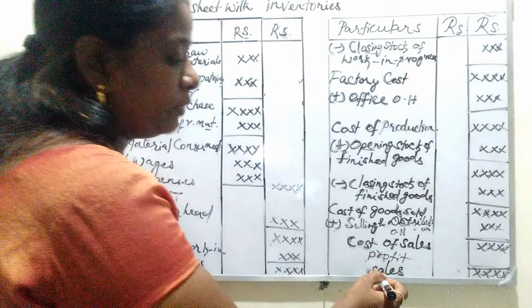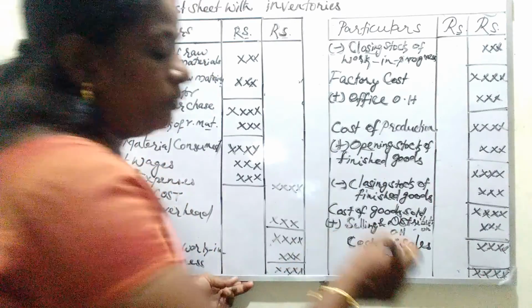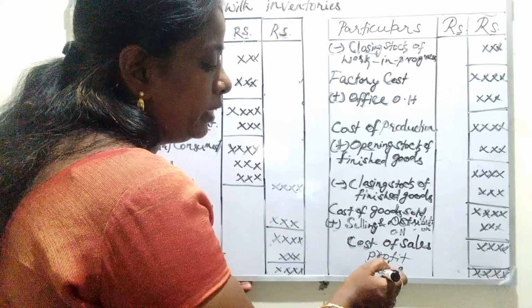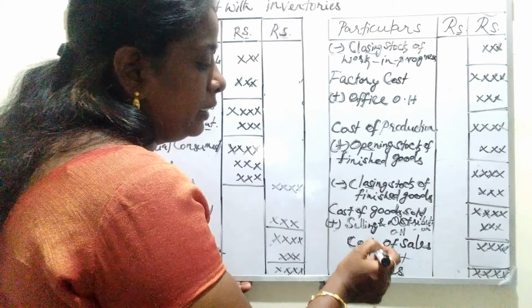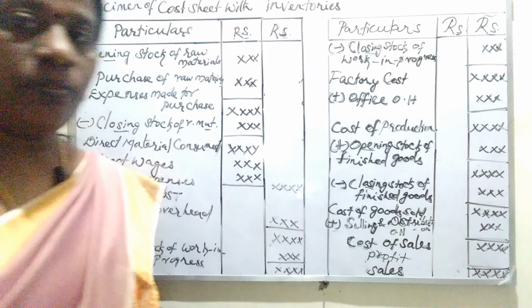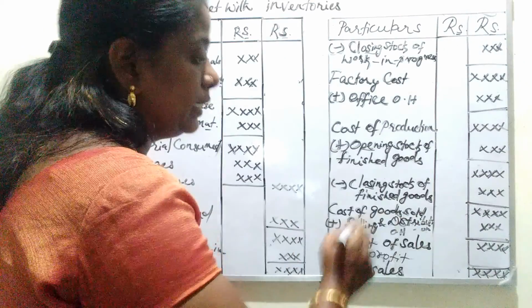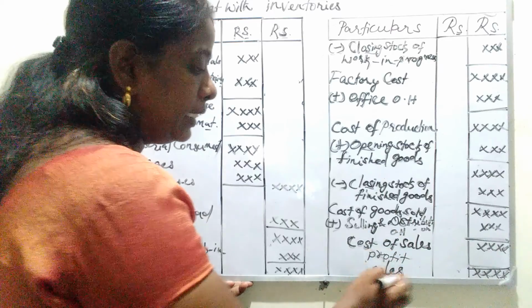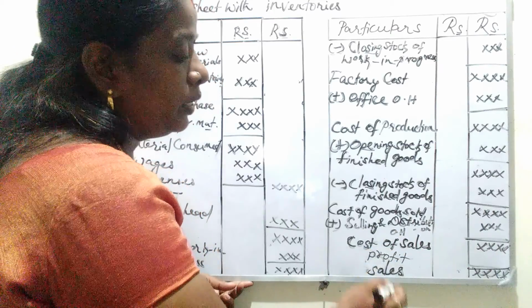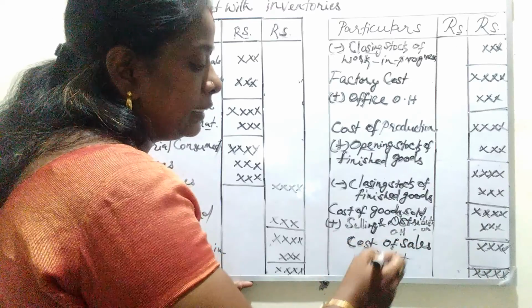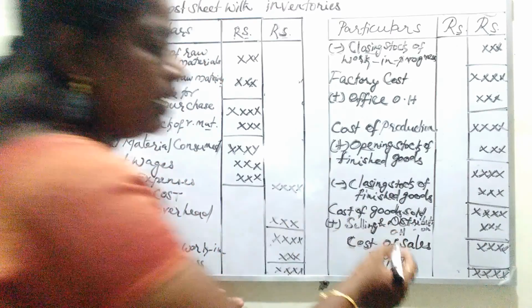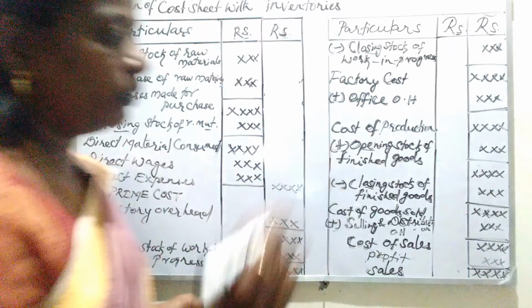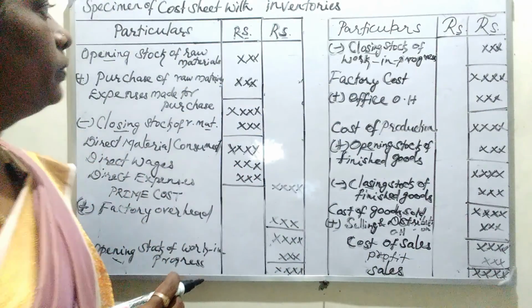If the sales figure is given in the problem, we write it here and find the profit by deducting the cost of sales from sales. Cost of sales is the total expenses from production to sales, and sales is the sales value. So the cost of sales is deducted from the sales to find the profit. Okay, got it?